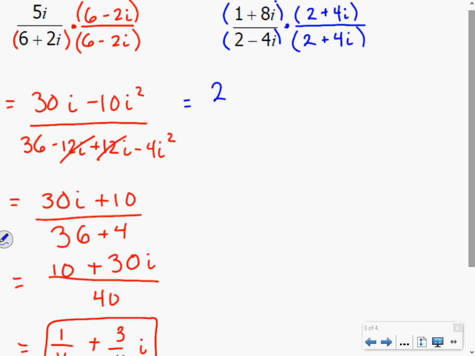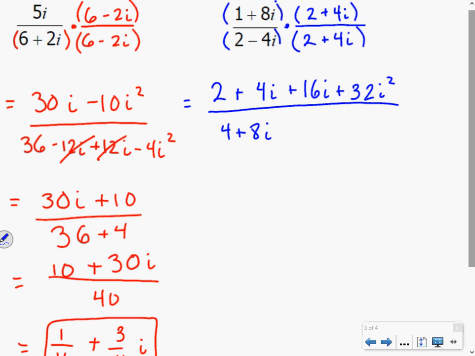We're going to get 2 plus 4i plus 16i plus 32i squared. In the denominator, 4 plus 8i minus 8i minus 16i squared. In the denominator, the 8i's are going to cancel.